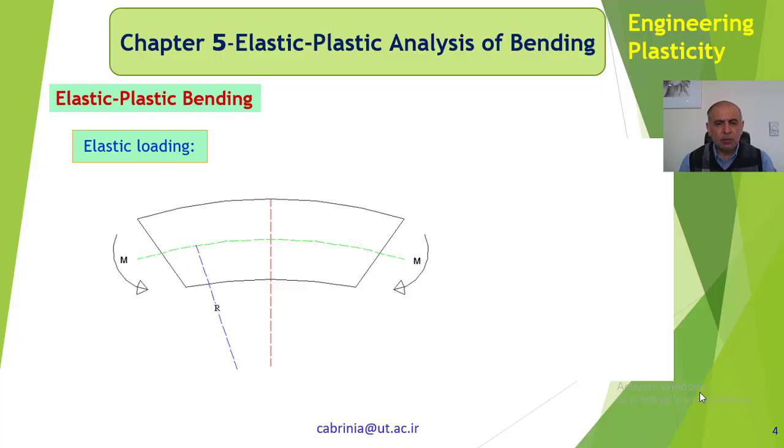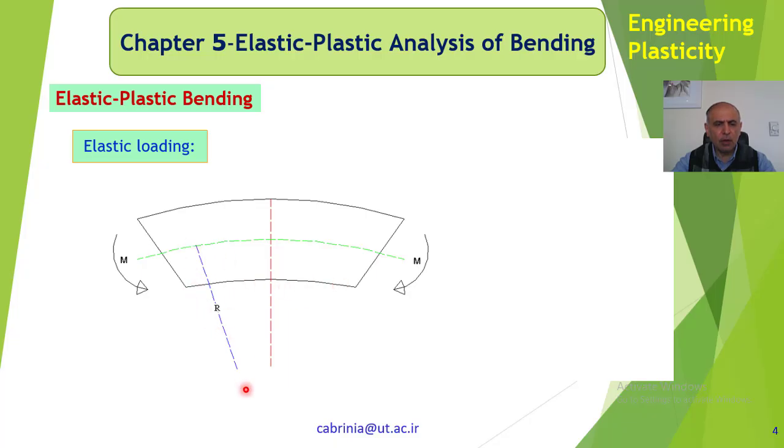Now, if you remember from your strength of material in your BSc course, when we have a beam like this and we put bending moments, pure bending moments, like that, we get a curvature in the beam as shown in here.